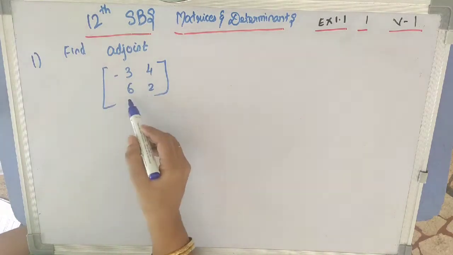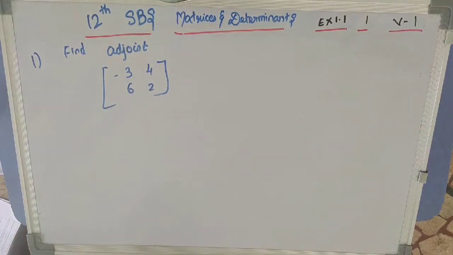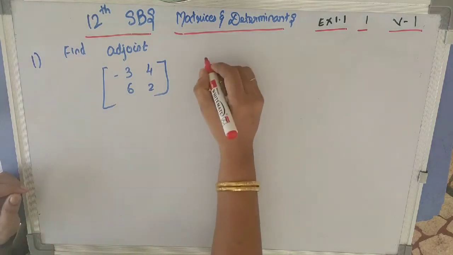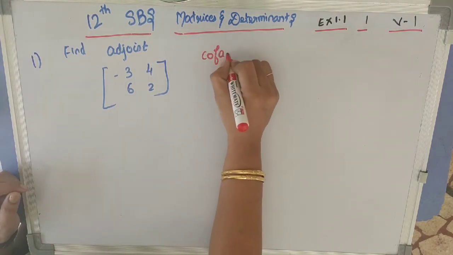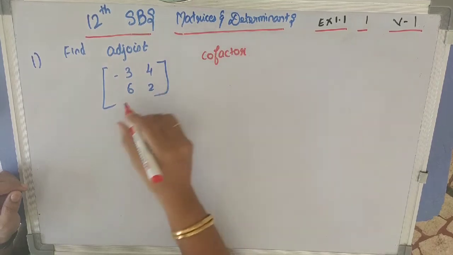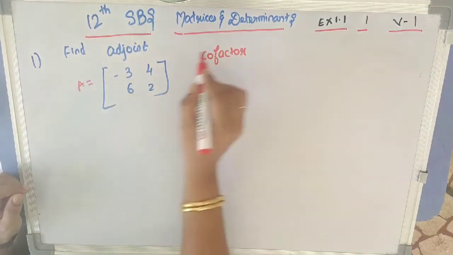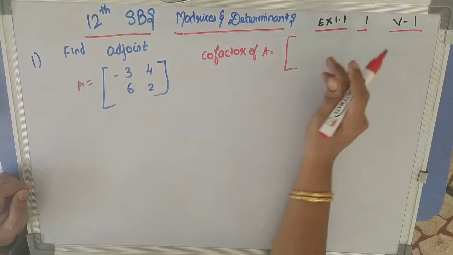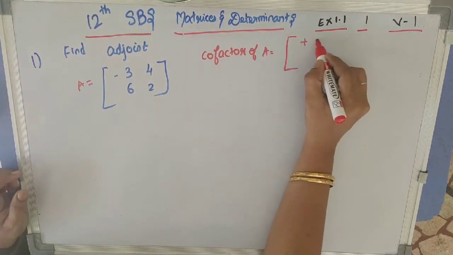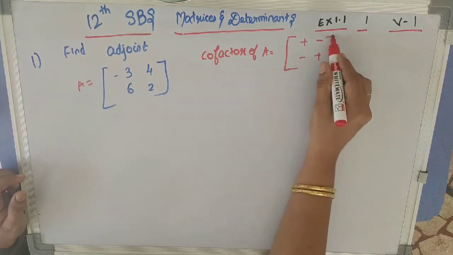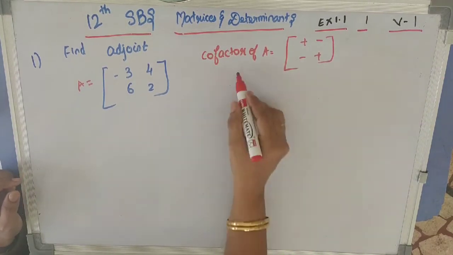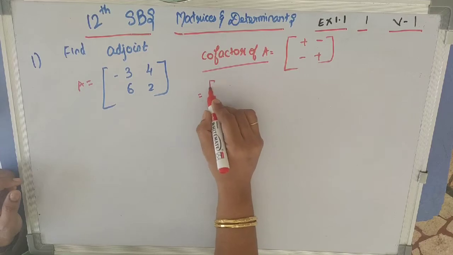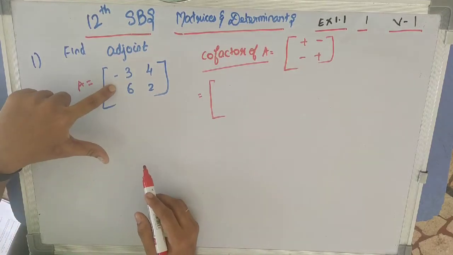First we have to find the adjoint for the matrix minus 3, 4, 6 and 2. Let's take this as A. First we have to find the cofactor of A. I have already said the sign convention, plus minus minus plus. Now let's find the cofactor of A. First the cofactor of minus 3.